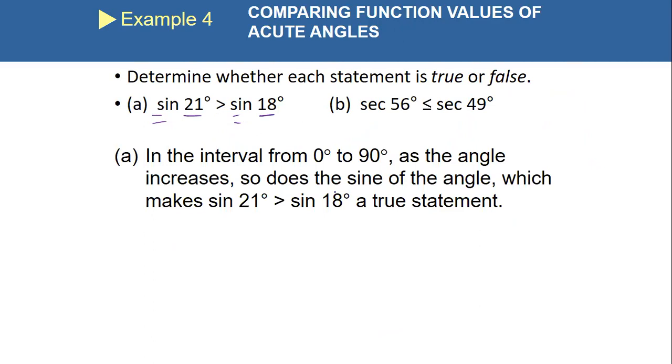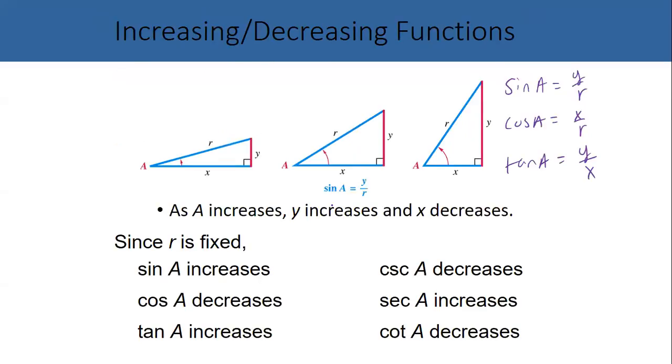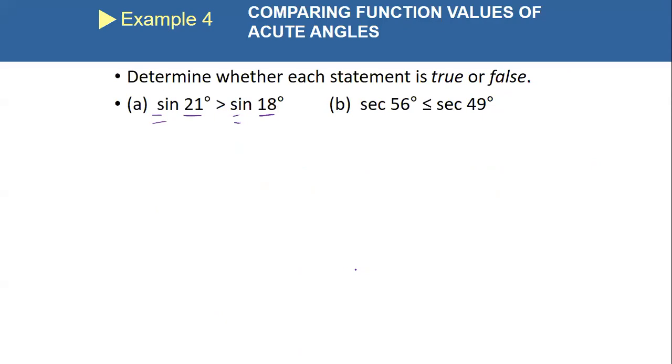We said right here, as the angle gets bigger, these are the things that happen. These are the rules that are followed. When I look here, I have the sine of 21 degrees and the sine of 18.